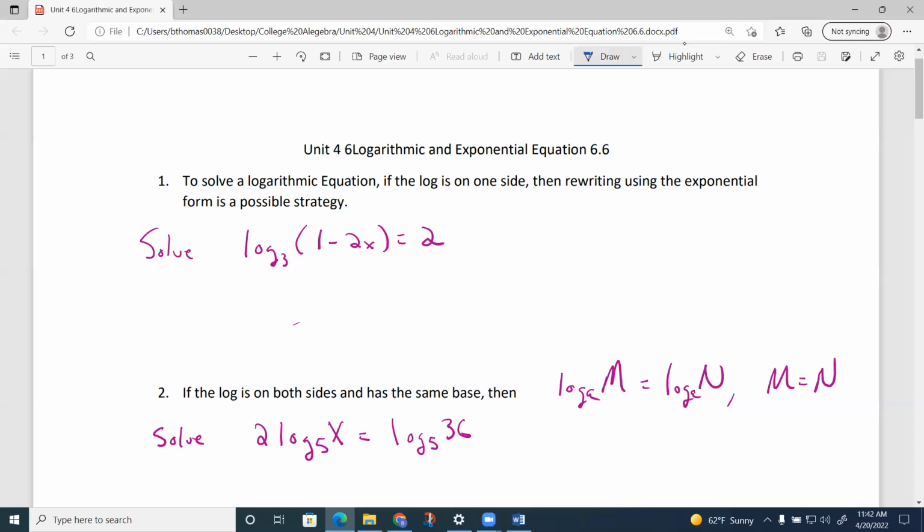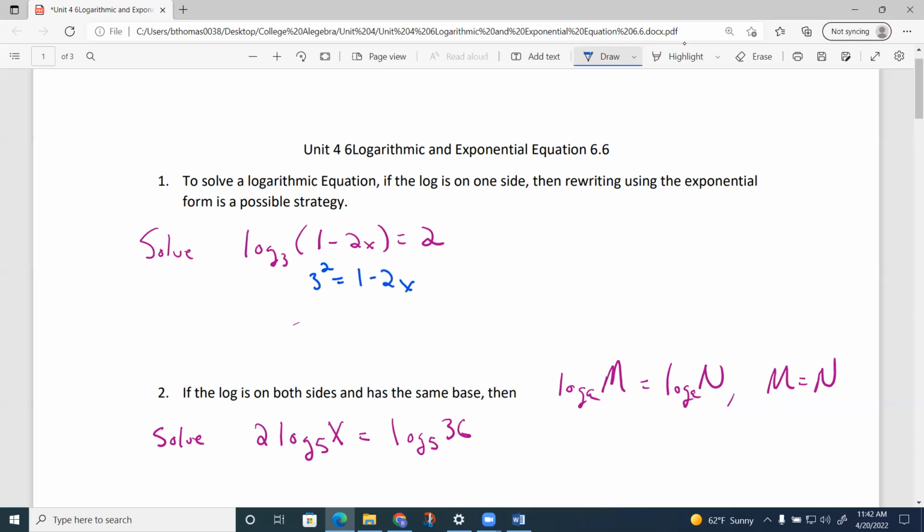What we pick up on is, in this problem, we can put this in exponential form. So this can become then 3 squared is equal to 1 minus 2x.